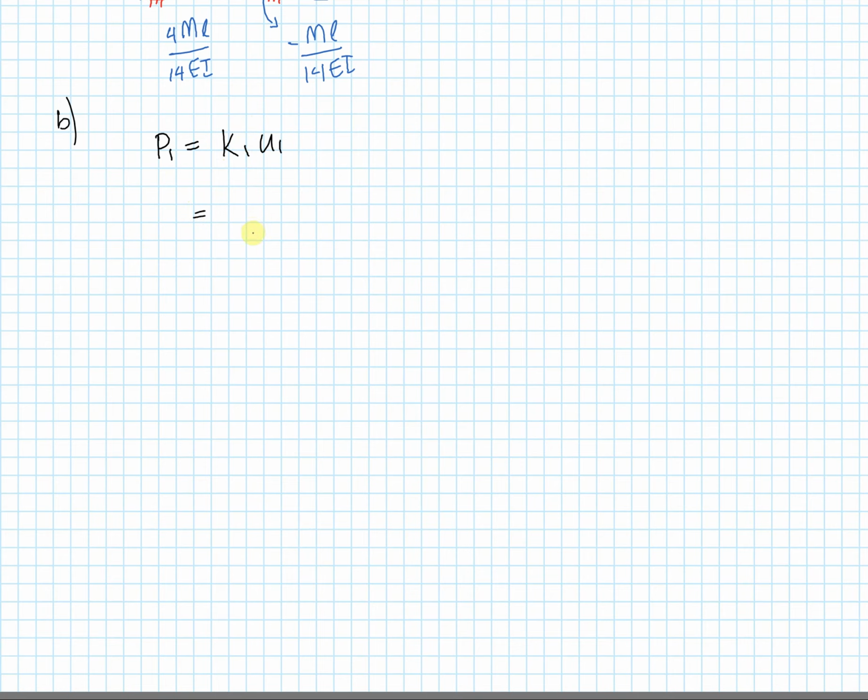If you recall, K1 was equal to EI over L, and the classic 4-2-2-4. That's K1.